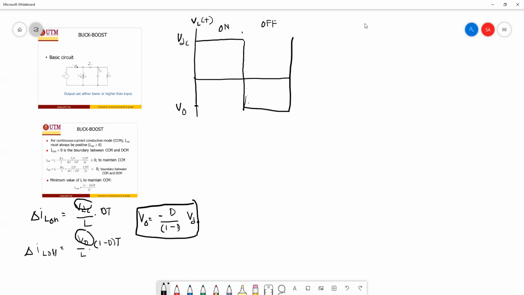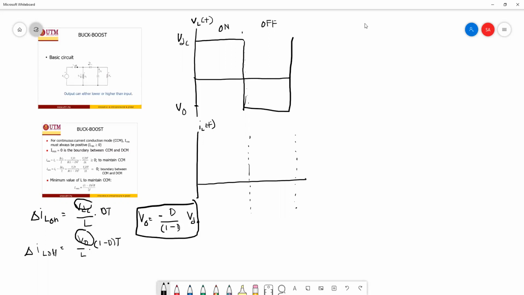So this is the waveform for the inductor voltage, and right now we want to sketch the waveform of the inductor current, IL(t). Same as before, we have the on state and the off state.